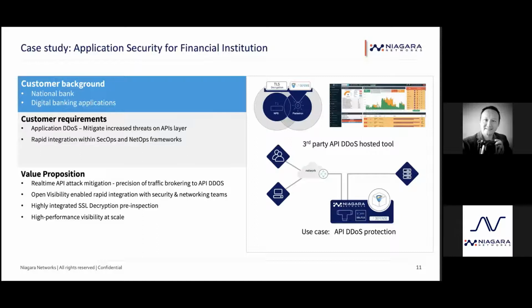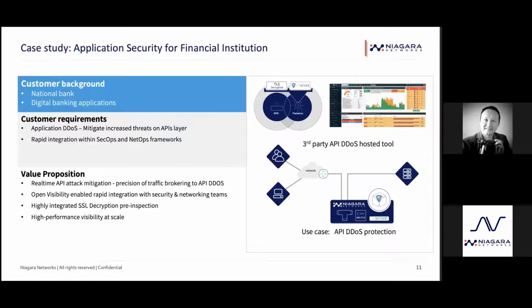But if this API call is using HTTPS to communicate with the application, you don't see anything because the connection is encrypted. And this is where we did a deployment together with Layer 7 Defense.